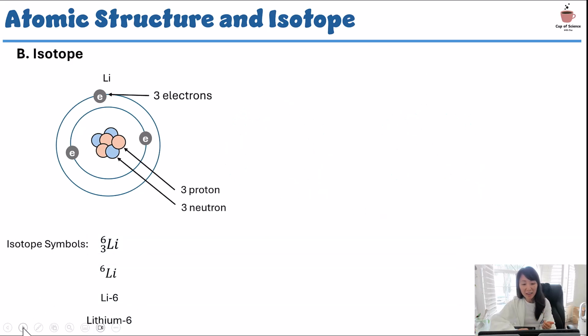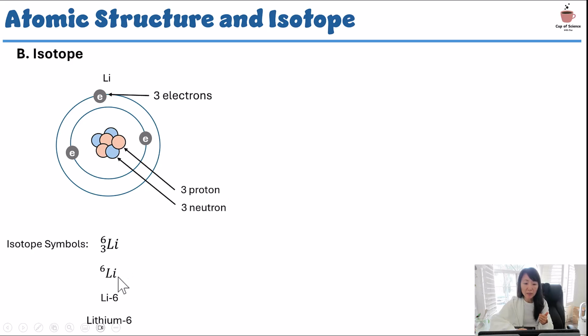On this next slide, what do these isotope symbols mean? This 6 right here represents the number of protons and neutrons added together, and that's how you got the 6. This 3 on this corner is the number of protons.